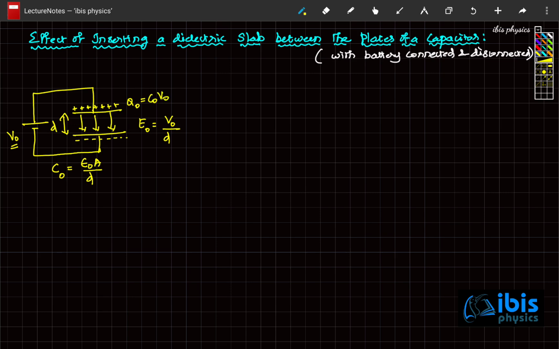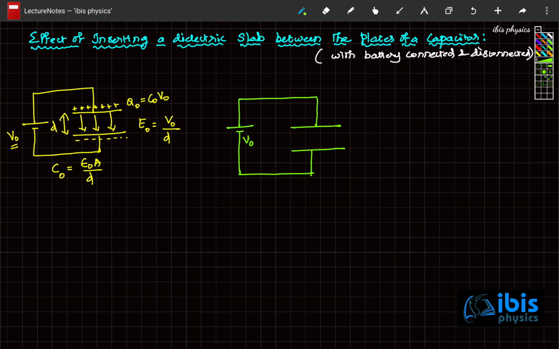Now, without disconnecting the battery, what if we insert a dielectric? We are not disconnecting it from the battery, we are still keeping the same capacitor and we are still applying V0.